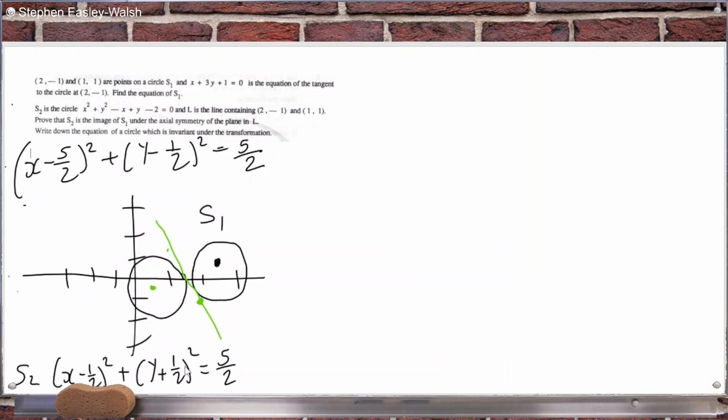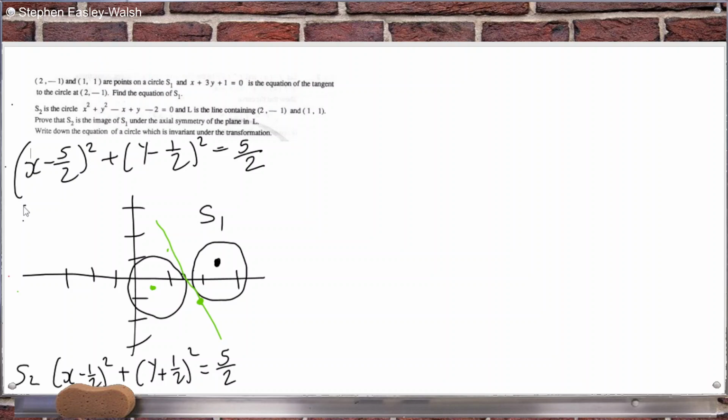So it's good that they're the same radii. We have to prove that S2 is the image of S1 under axial symmetry of the plane in L. Write down the equation of a circle which is invariant under the transformation.